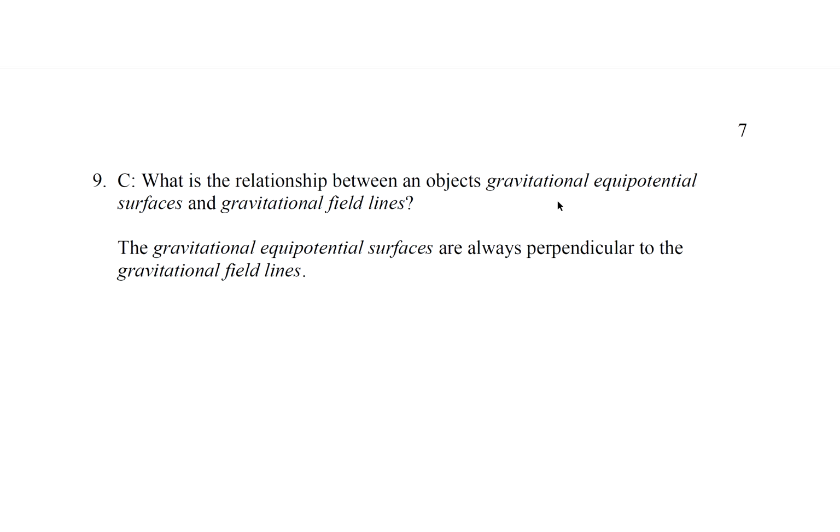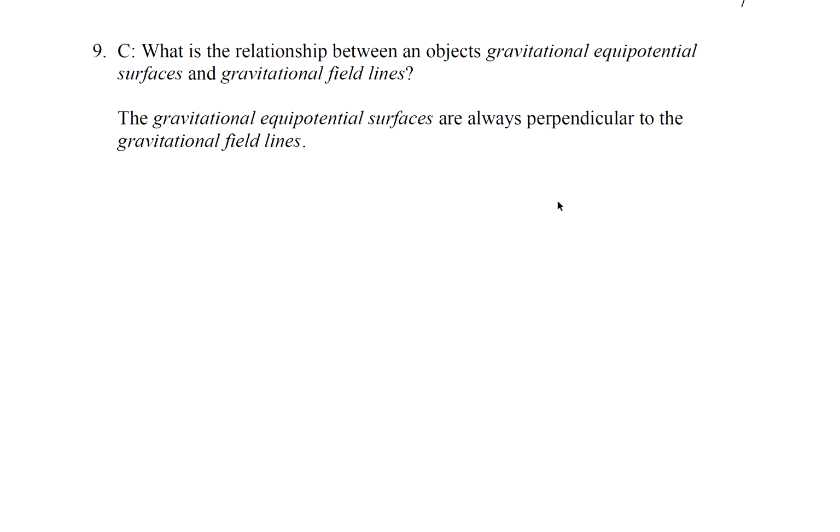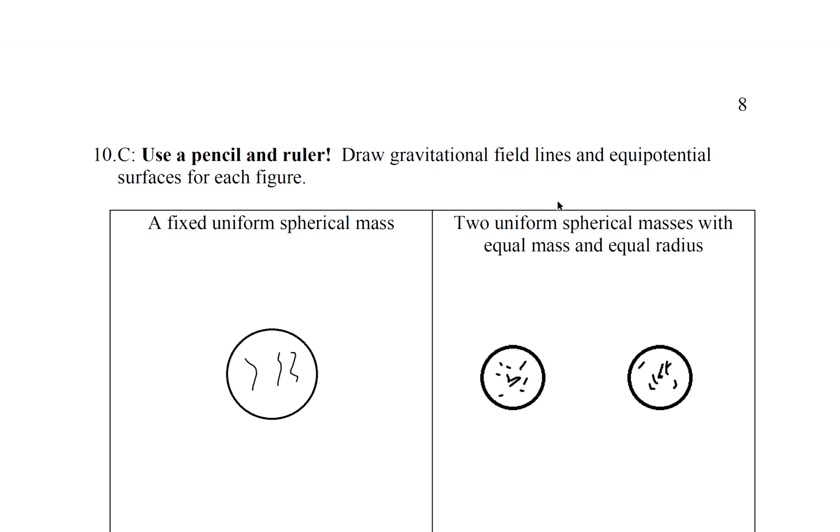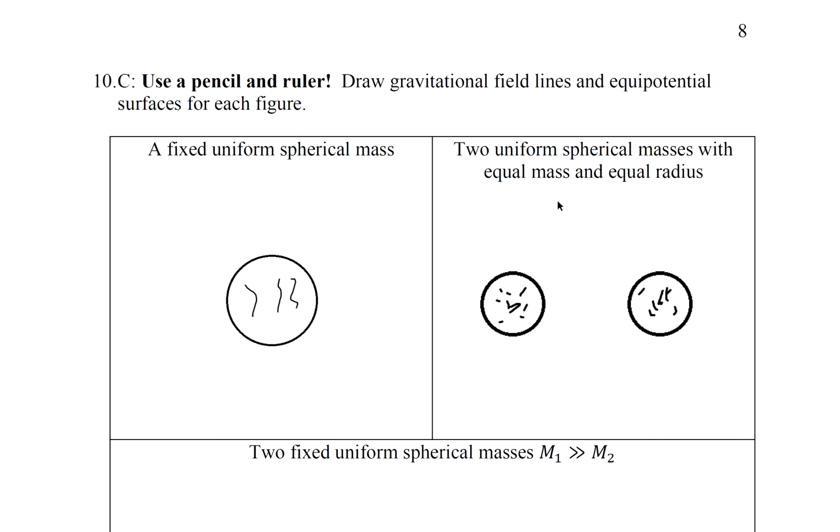Question 9. What is the relationship between an object's gravitational equipotential surface and gravitational field line? They're always perpendicular to each other. Question 10. Use a pencil and ruler to draw gravitational field lines and equipotential surfaces for each figure.